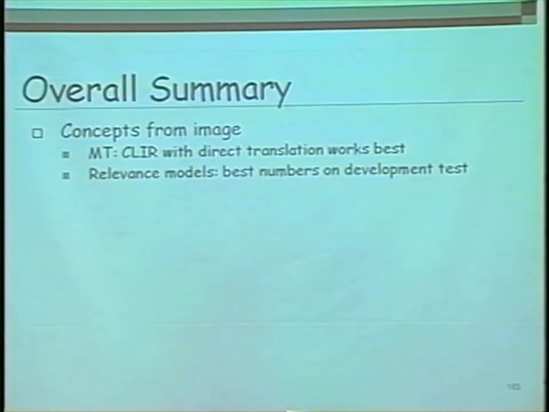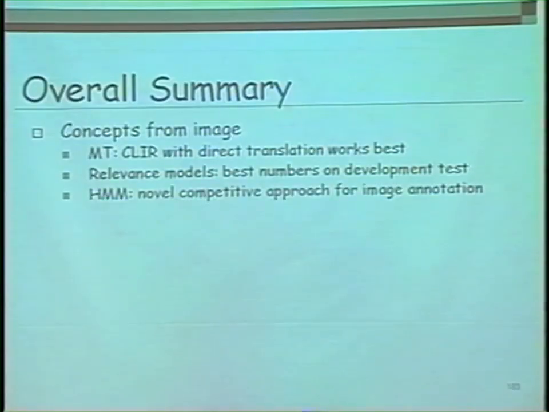The relevance models gave the best numbers for concept annotation from images. The hidden Markov model approach for concept annotation was a newcomer here. They just started during the workshop working on that, and within that short time, and in particular during the last 5 days, they got extremely competitive to the other two approaches.